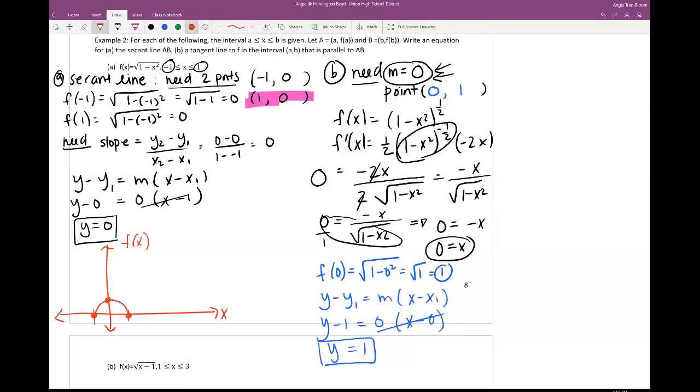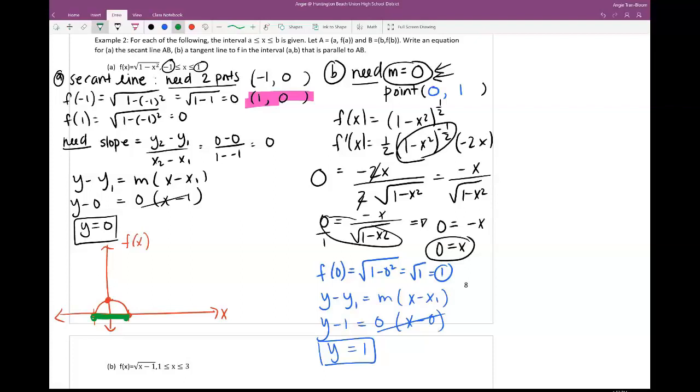So what it's saying is that, hey, when I make the secant line from negative 1 to positive 1, that's my secant line. The secant line is that chord connecting the 2 points. Is there a tangent? Okay, where would the tangent be?